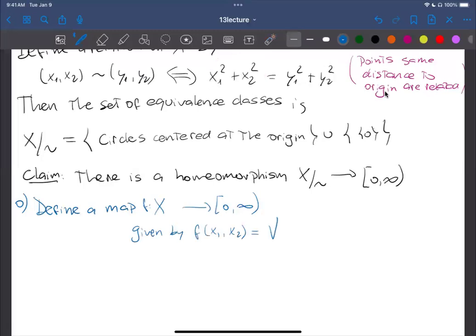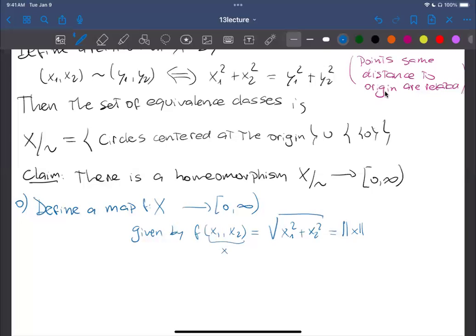This is what's denoted as the norm. So if this is called x, this is the norm of x, just the distance to the origin.